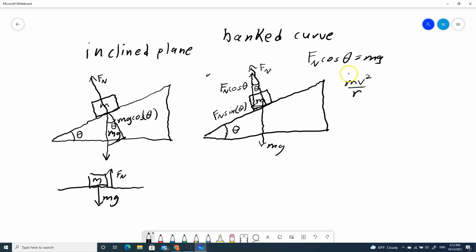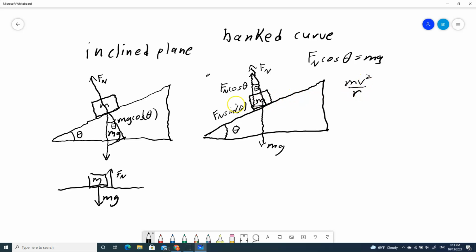And mv squared over r, in this case, the only thing that's actually exerting this force is F_N sine theta. So F_N sine theta in this case must equal mv squared over r to keep the object from sliding down, because otherwise the object would have its inertial tendency and it would escape this curve, but instead it keeps circling and does not slide because the F_N sine theta exerts a force that is equal to mv squared over r.